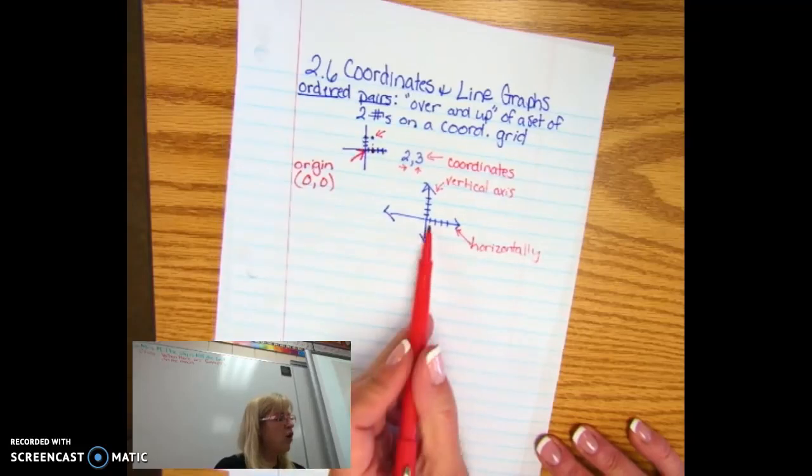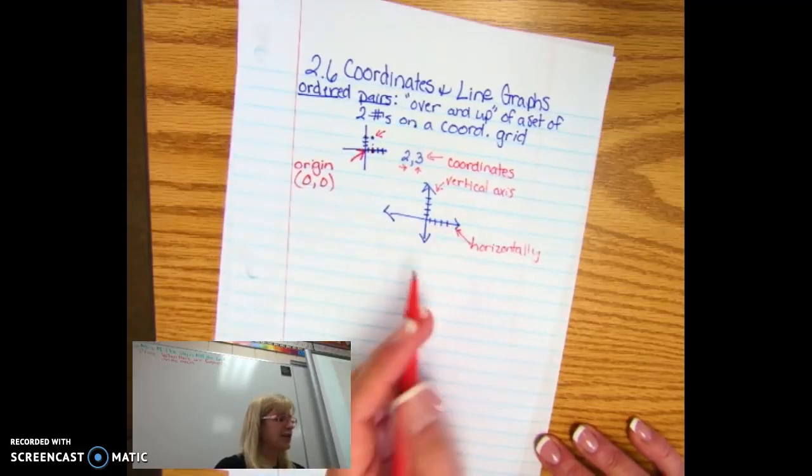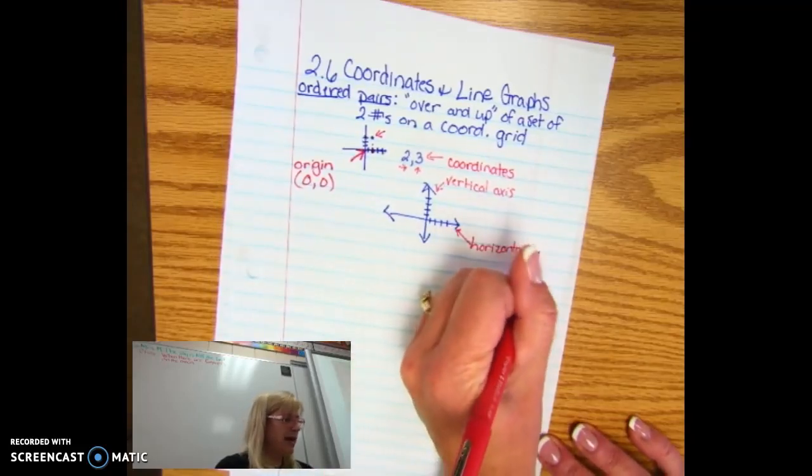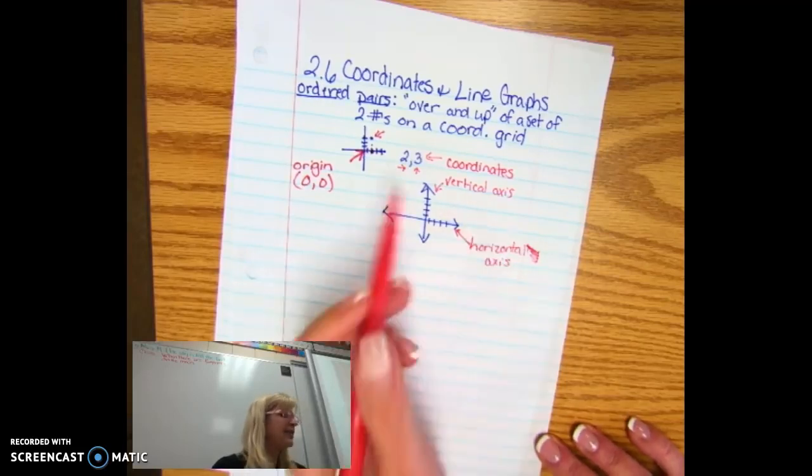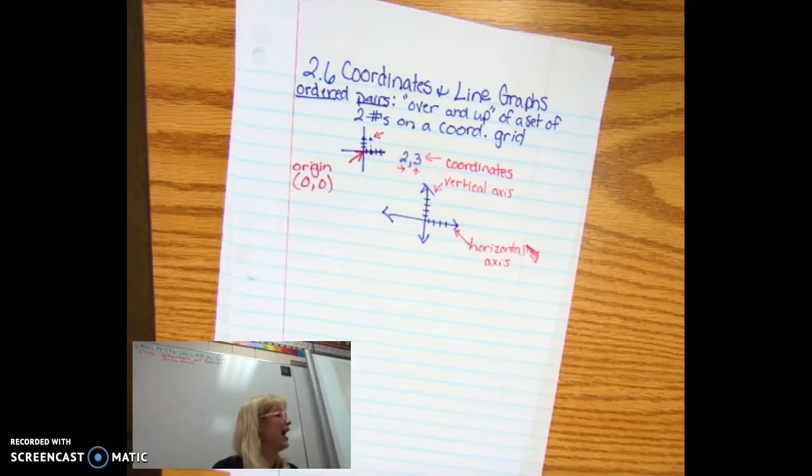So you go on the horizontal axis first. Oh, I wrote the word wrong, horizontal axis. So the word axis, it's just that line that it lies on. So we have a vertical axis and a horizontal axis. Again, these are big giant words for what you're already familiar with right in front of you.